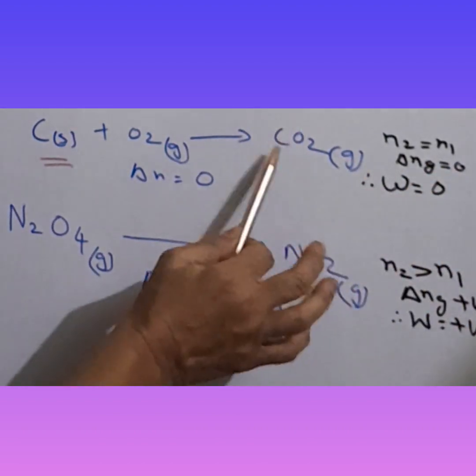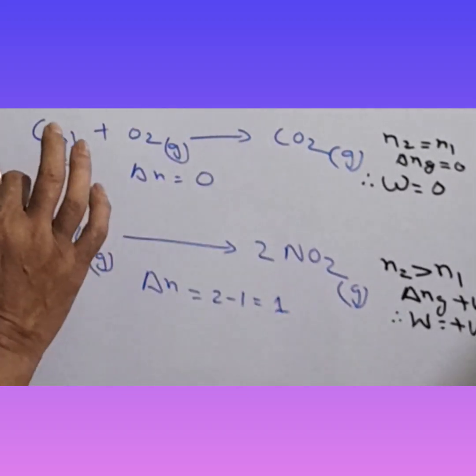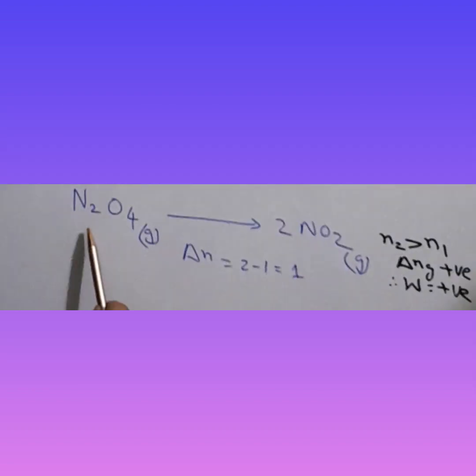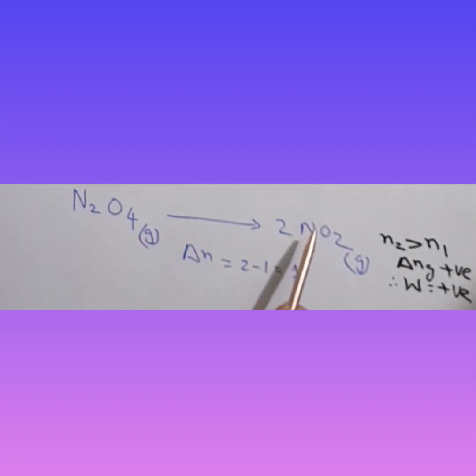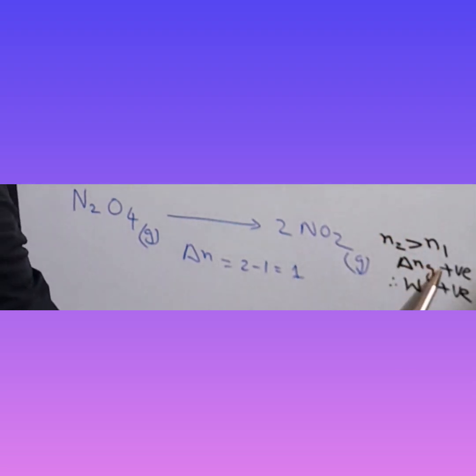So work done in this process is 0. And in this case, N2O4, dinitrogen tetroxide gas, giving nitrogen dioxide. 1 mole of gas giving 2 moles of gas. So del N is 2 minus 1, that is positive 1. Here N2 is greater than N1, so del Ng is positive, work is positive.